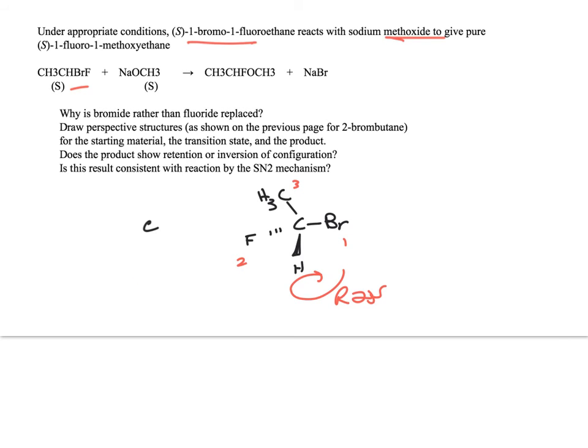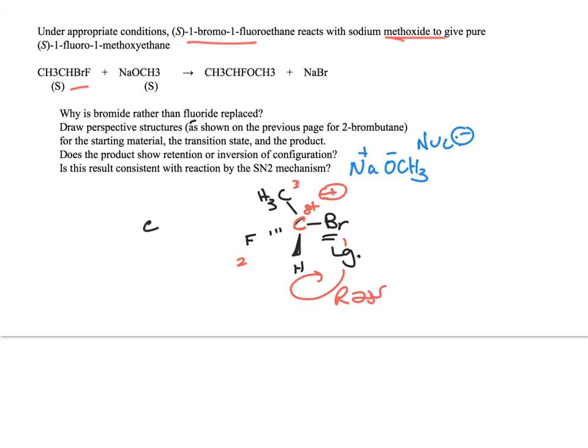And that would be our S. And our nucleophile then is sodium methoxide. Sodium's plus. There's our nucleophile. And this is our carbon electrophile. And bromine is our leaving group.